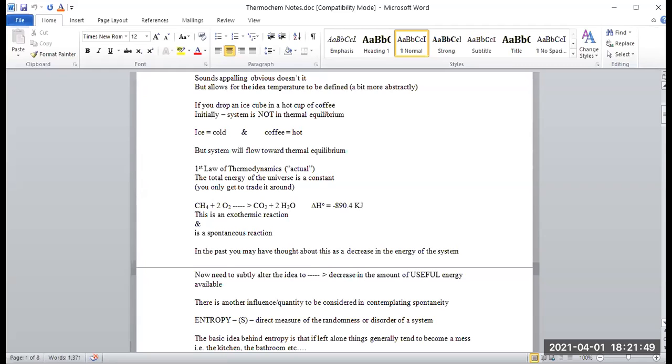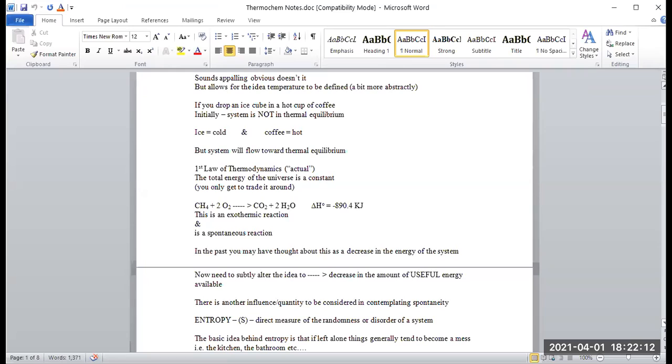If you did not provide the spark to light your Bunsen burner and you just had a sample of methane and you left it in the presence of oxygen, it would eventually react.